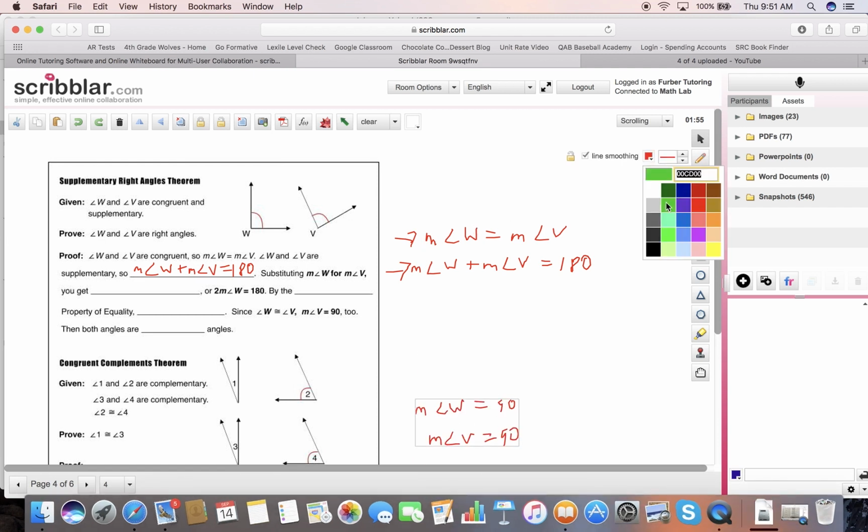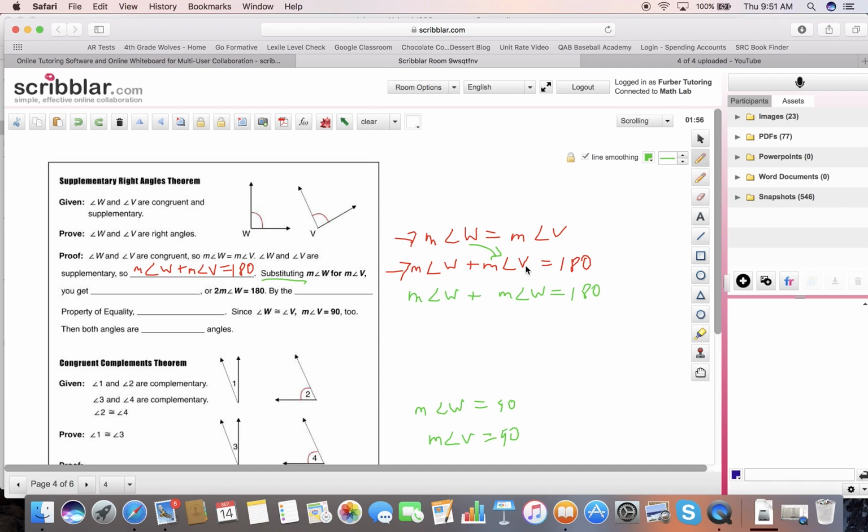If I have already been told that angle W is equal to angle V, then I can use the substitution property, and that's what's listed over here. Substituting the measure of angle W for the measure of angle V in this equation would leave me with two angle W's, right? The measure of angle W plus the measure of angle W equals 180.